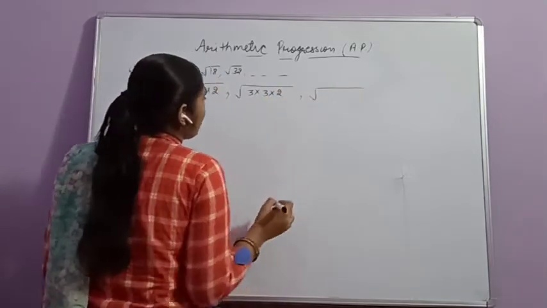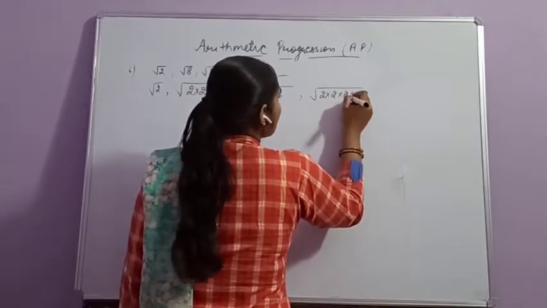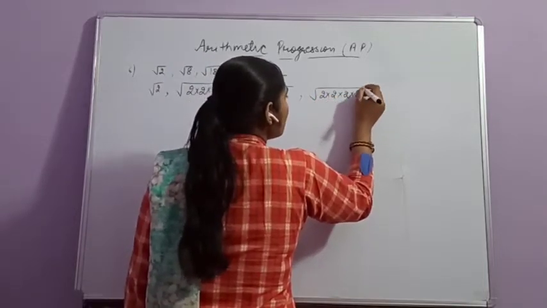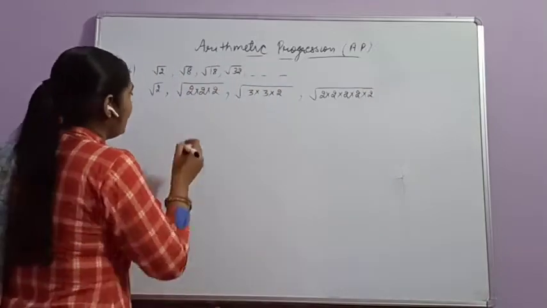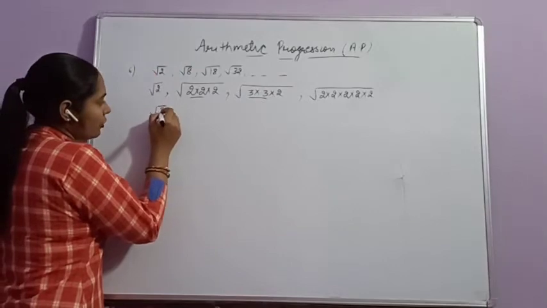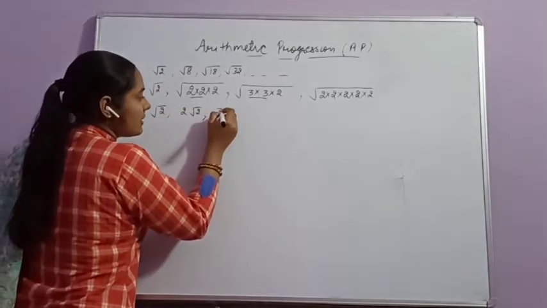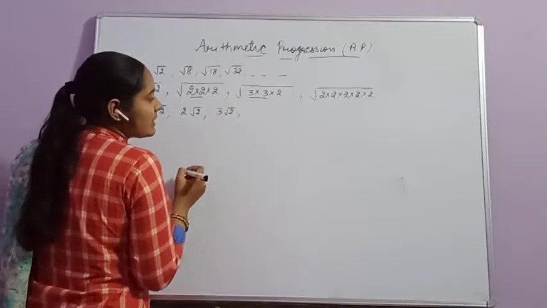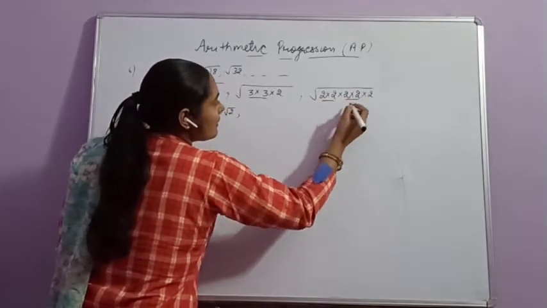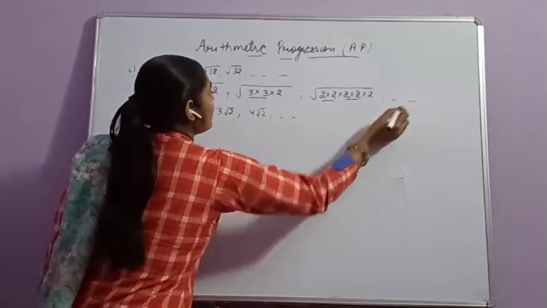Similarly, 32 can be written likewise. If we simplify, then square root of 2 stays root 2, next is 2 root 2, that is 3 root 2, and next is 2 multiplied with 2, that is 4 root 2. Clear?